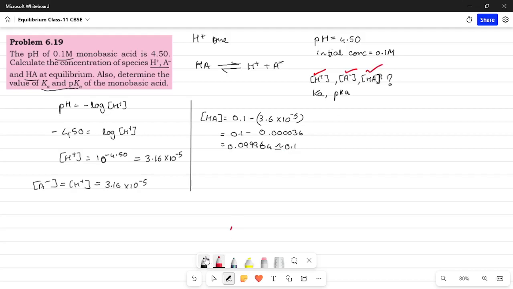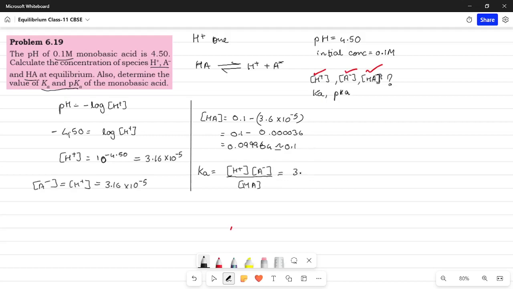The next thing we're going to do is calculate the value of Ka as well as pKa. First of all, the equation for Ka will be equal to the concentration of H plus into the concentration of A minus, whole divided by the concentration of HA. I keep saying HF. I know it's because the previous video had hydrogen fluoride, and I've been thinking about that since then.